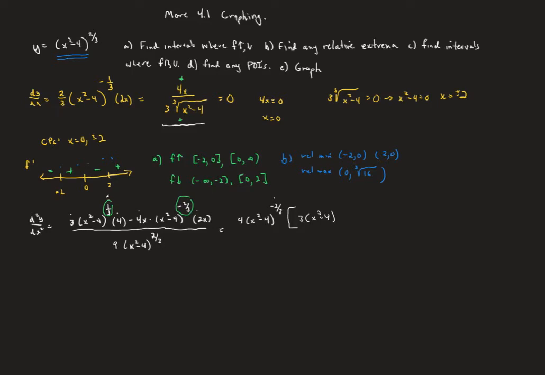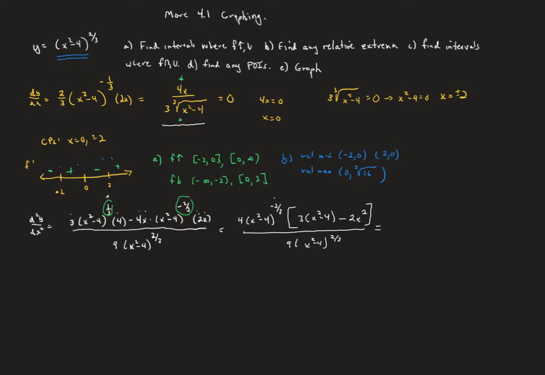See how that works? Minus, we took out the 4, we still have a 2, an x, and an x, so that's going to be a 2x squared, and we pulled the (x squared minus 4) to the negative 2/3 out, so that's all that remains there. And we still have our 9 and the (x squared minus 4) to the 2/3 in the denominator. So we're making progress.